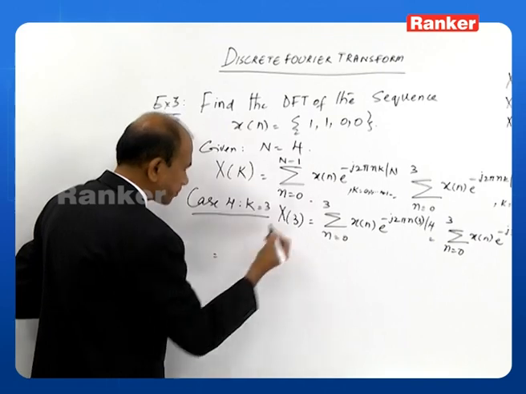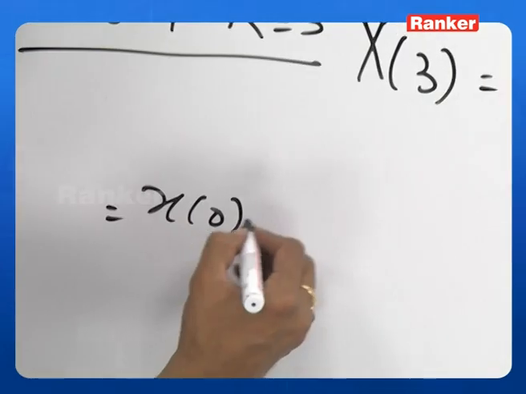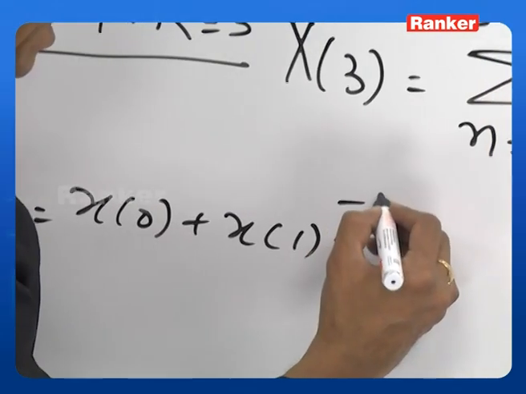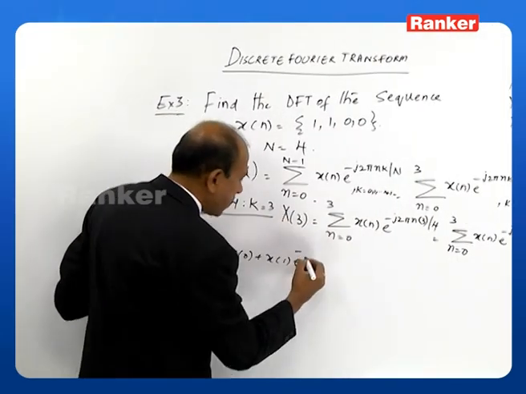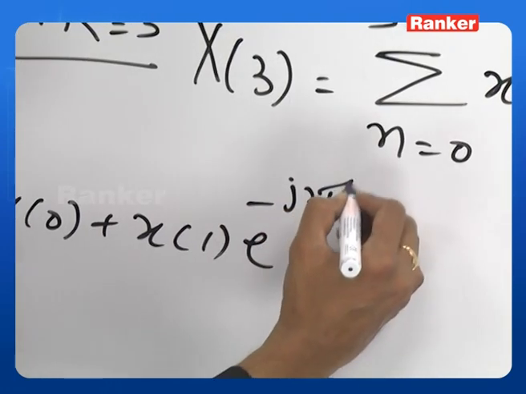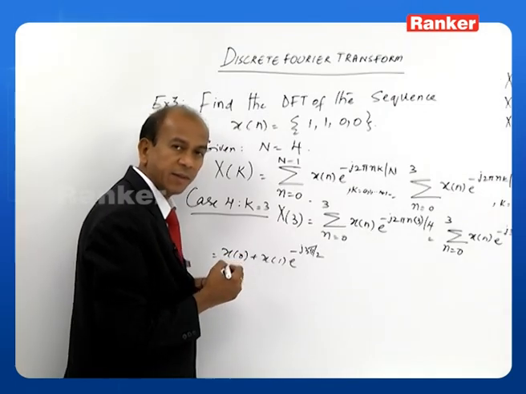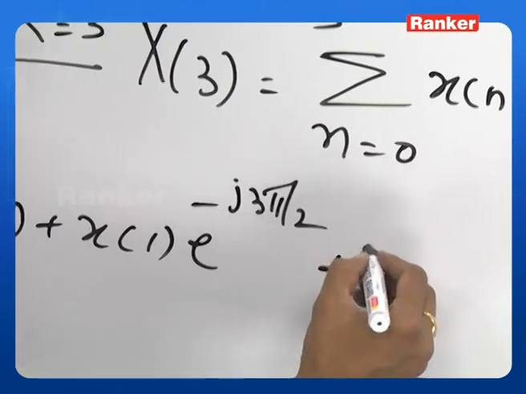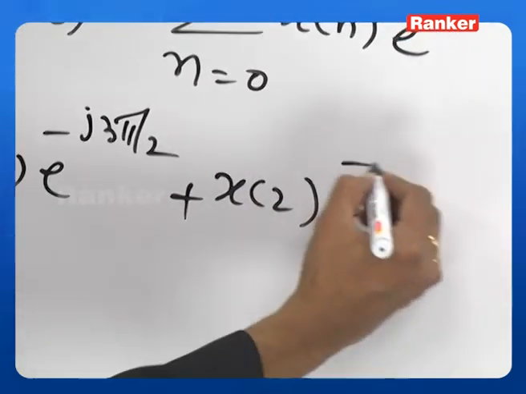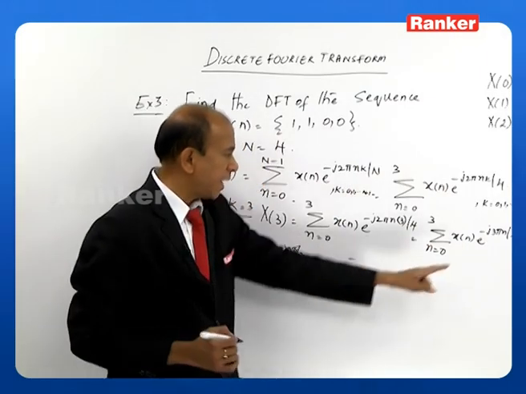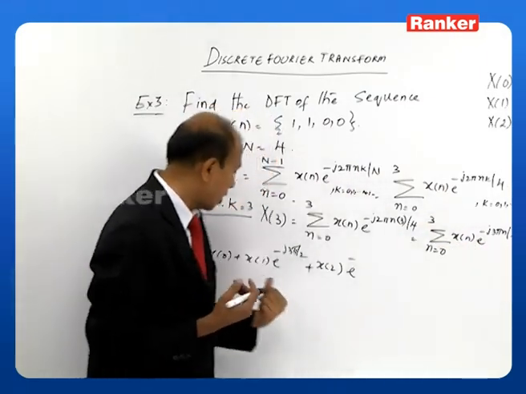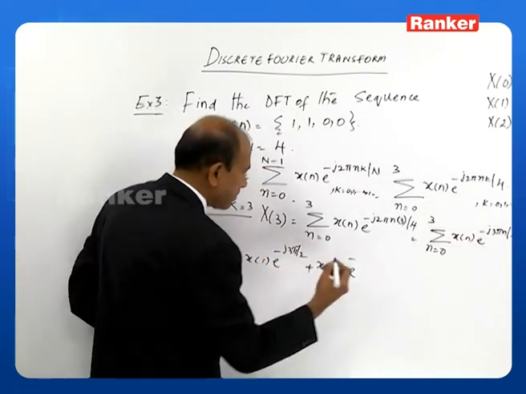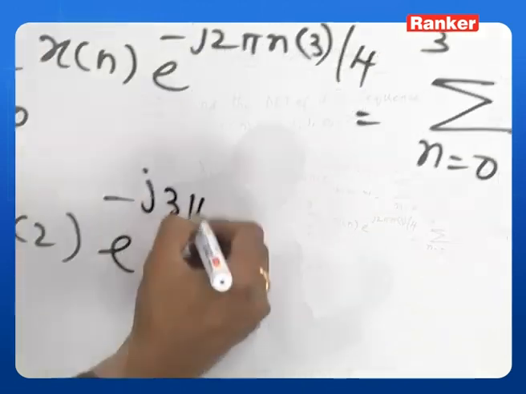So now again, let's start with x of 0 plus x of 1 e to the power of minus, now n is equal to 1, so that will be minus j 3 pi by 2. Plus x of 2 e to the power of minus, now n becomes 2, so 2 gets cancelled, so we can write this as minus j 3 pi.